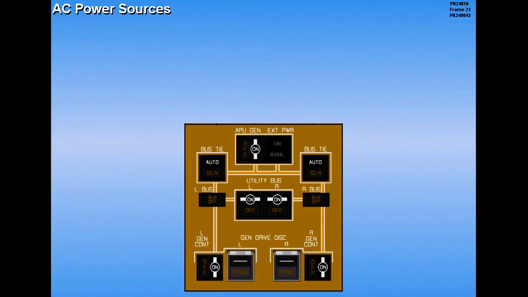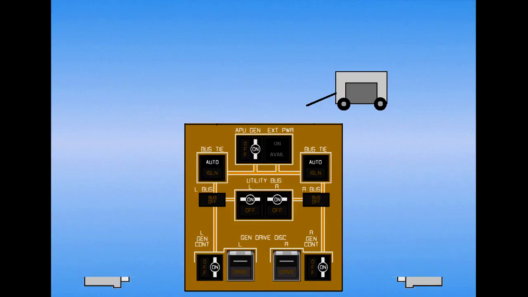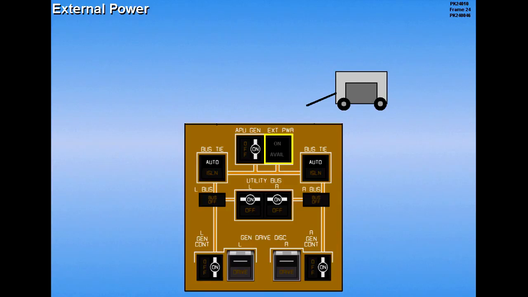AC power can be supplied by either an external power source, the APU, or the engine generators. External power is controlled by the external power switch. The available light illuminates to indicate external power is plugged in and producing normal output.